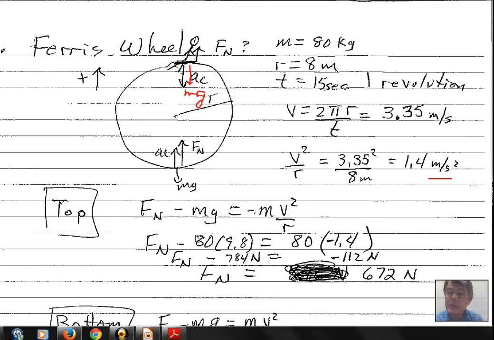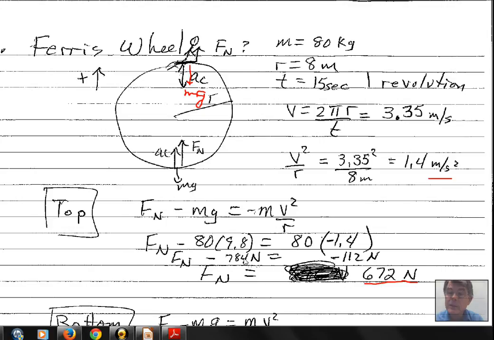And putting in some numbers, 80 kilograms for the person, 9.8 of course near the Earth. We have 80 kilograms again, and here minus 1.4 meters per second squared. You should do this on your own calculator. I don't know what was scribbled out here, but I came up with a better value. I must have mispushed some button.